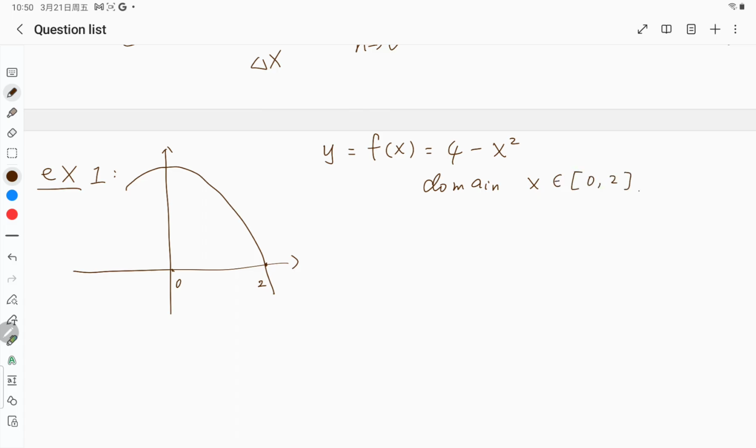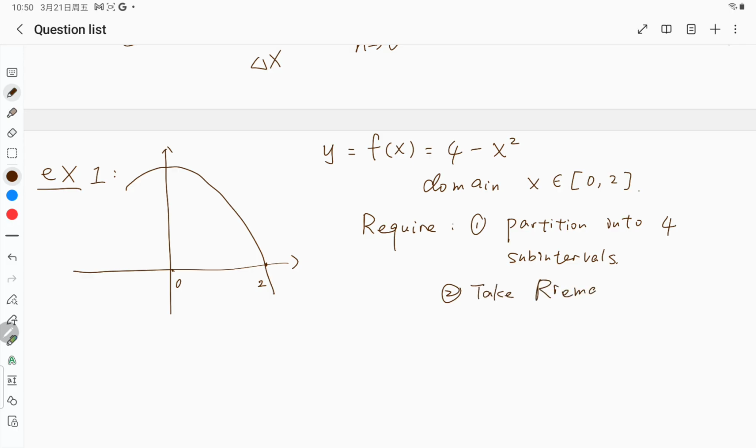I guess we can talk about it more, but if I require using the left endpoint, so first partition into 4 subintervals, and then take the Riemann sum using left endpoints.